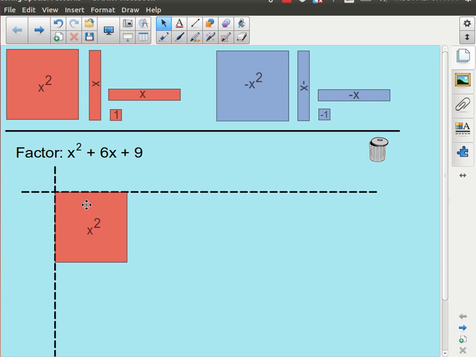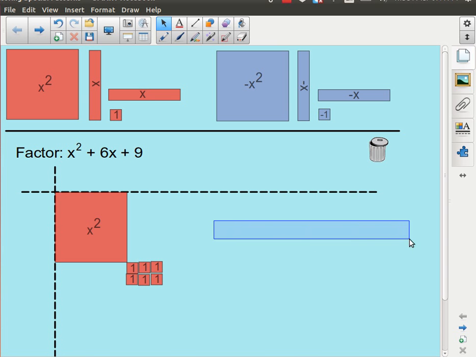So in this case, we've got an x squared plus 6x plus 9. I will assemble my 9. So I did my x squared first, and then I'll do my 9. Now I've got a number of options for 9. I could do 9 tiles spread out lengthwise, but something that I've been trying to do whenever possible is to make things more square and less long and rectangular.